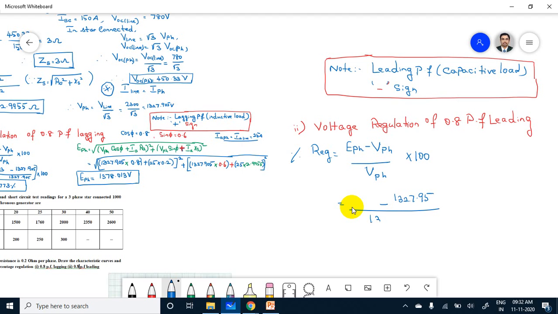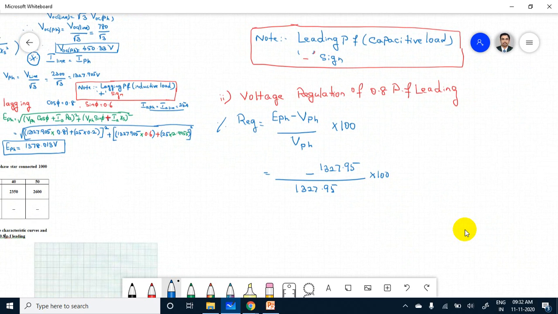Whole divided by 1327.95 into 100, except E phase. This E phase only we have to find. So E phase equals the formula: square root of (V phase cos phi plus IA RA) whole square plus (V phase sin phi.